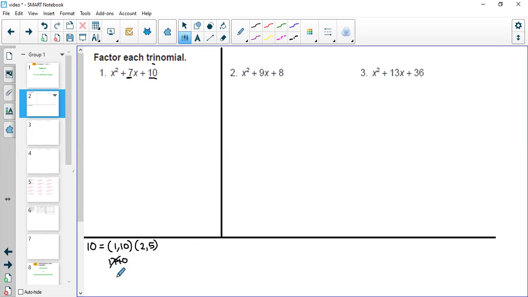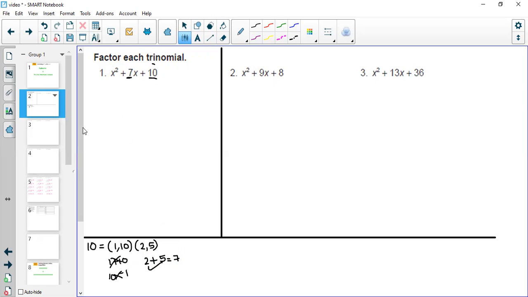So this is not the pair of factors. If I subtract 1 from 10, do you think that's going to give me a 7? Of course not. So this pair of factors would not work. That leaves me with this. So what do you think? If I add 2 plus 5, is that going to give me a positive 7?